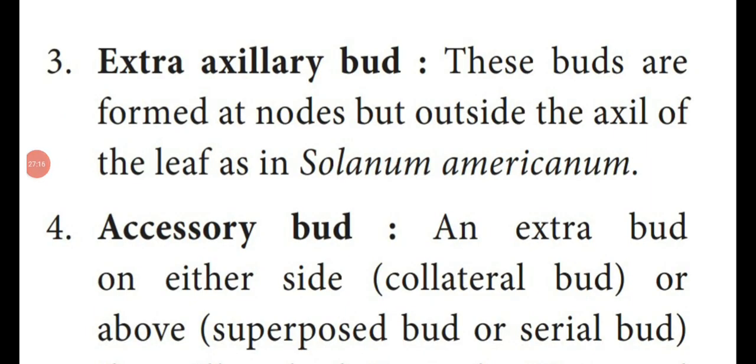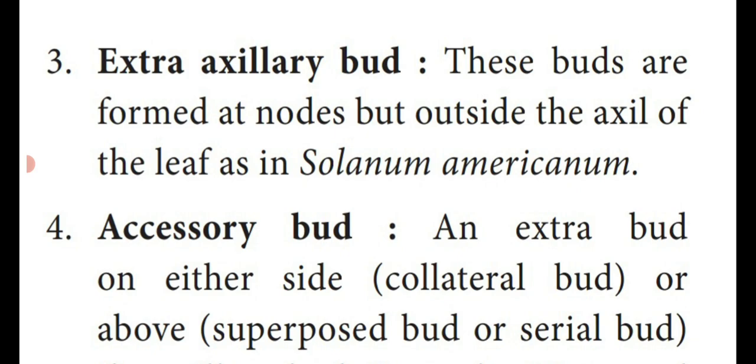Next one, extra axillary bud. These buds are produced at the nodal region. What is a node? Where the leaf is arising on the main axis or stem is known as, what is that one? Node, isn't it? So some buds are produced in the nodal region, but outside the axil of the leaf.